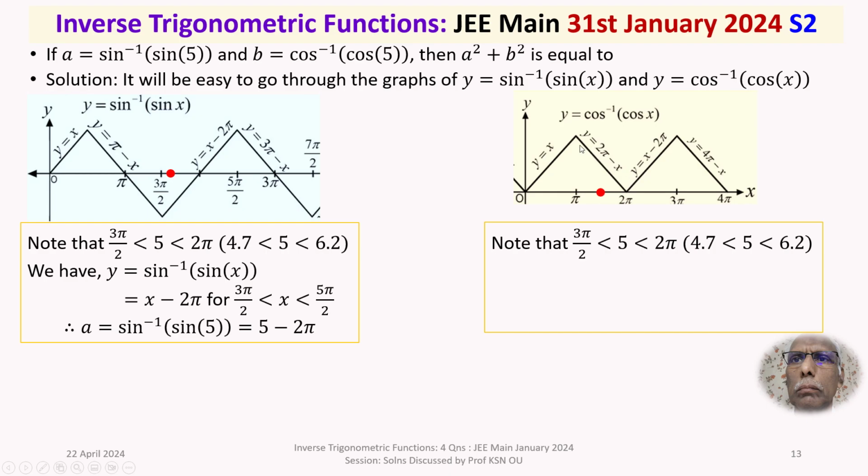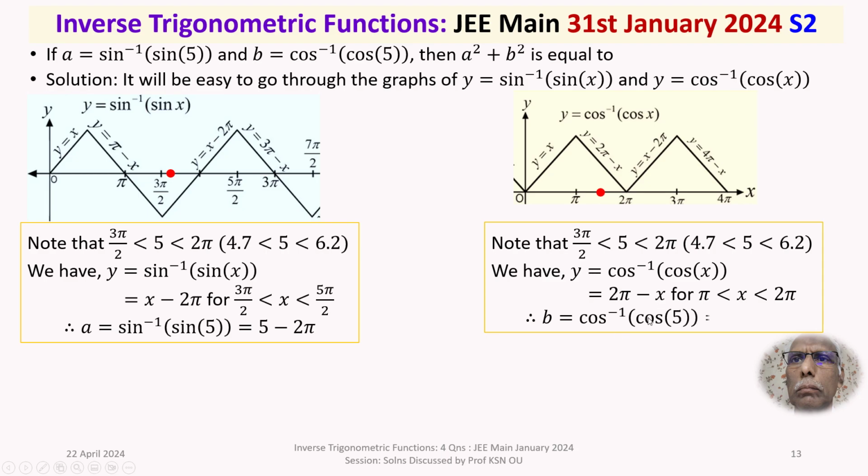So B is equal to cos inverse of cos 5, that is 2 pi minus 5.